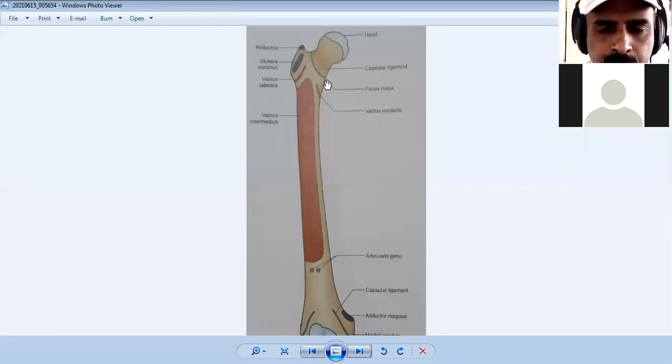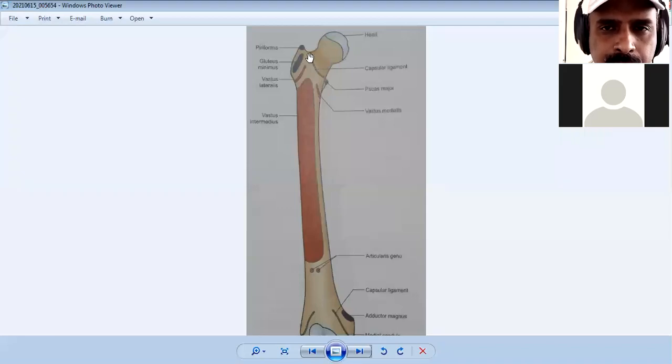Not tubercle. In the humerus we have the greater and lesser tubercle, but in the femur it should not be forgotten or confused. It has the greater trochanter and lesser trochanter, and this is the head and neck.